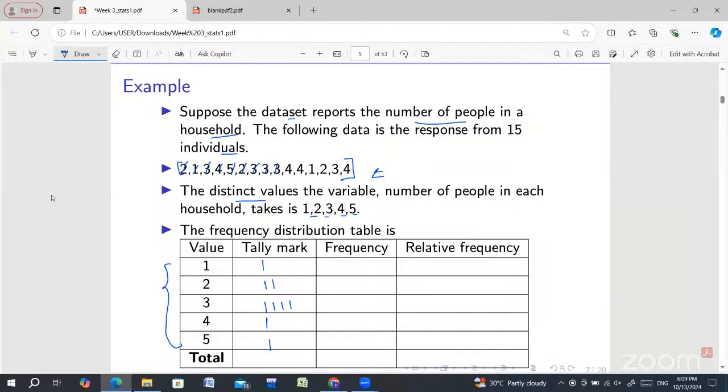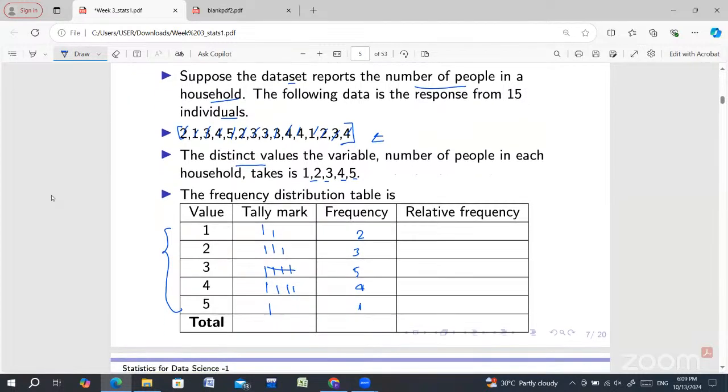So the frequency for 1 is 2, for 2 it is 3, for 3 it is 5, for 4 it is 4, and for 5 it is 1. If you calculate the total frequency, it comes to 15.